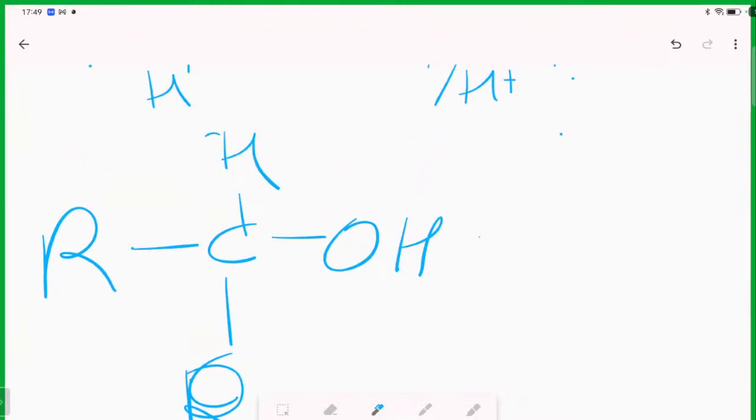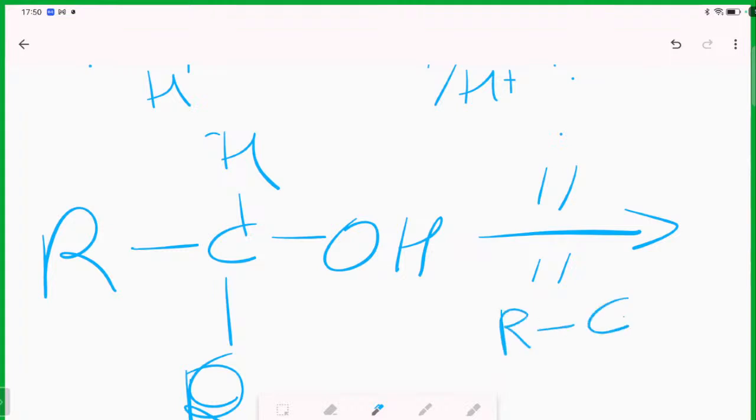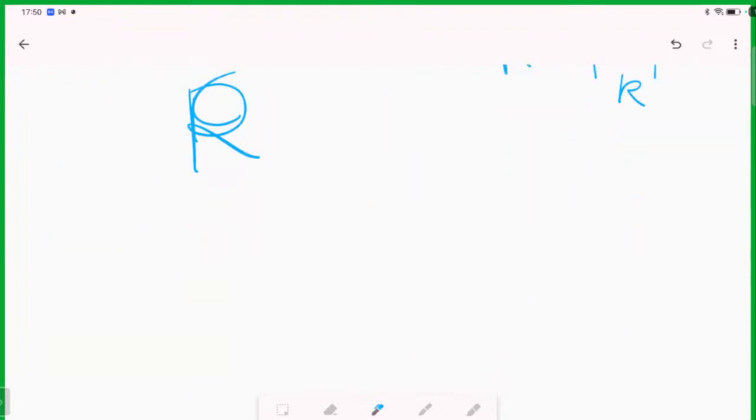So this also, in presence of the same reagents, will produce ketone. Okay, this is one way, by oxidation of alcohol. If we oxidize 1 degree alcohol, aldehyde will come; if we oxidize 2 degree alcohol, ketone will come.